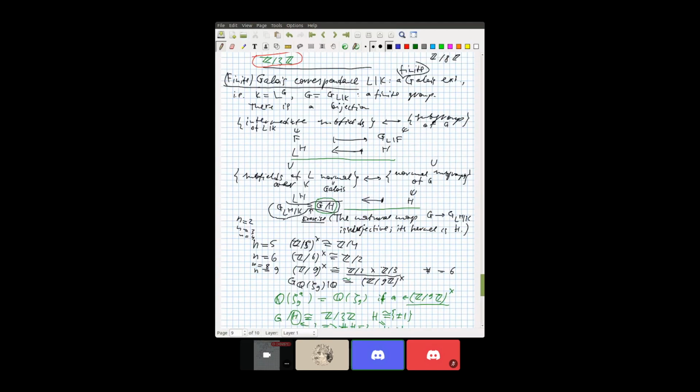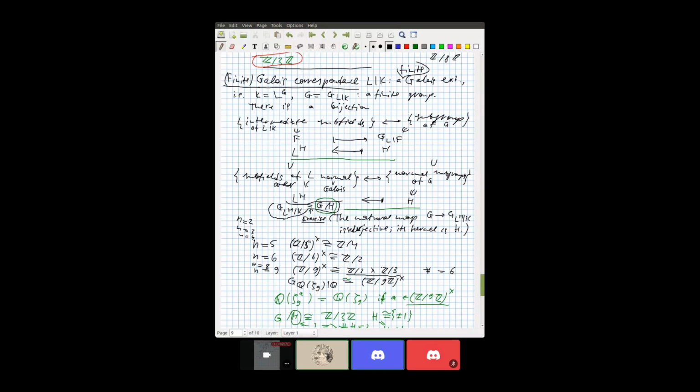You see that we obtain our extension, this L. Here we take some subgroup, and the extension that corresponds to it is the fixed subfield of this group.